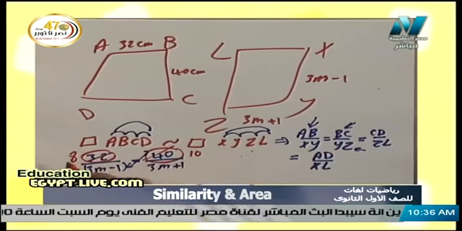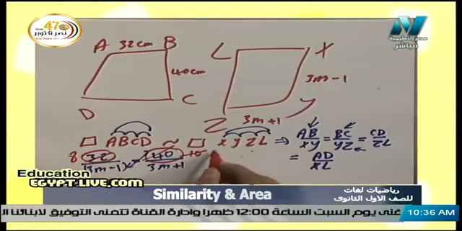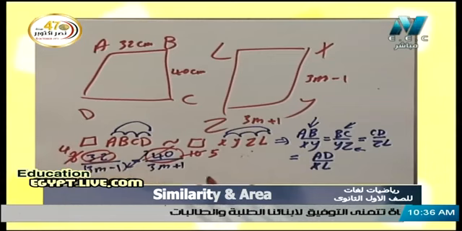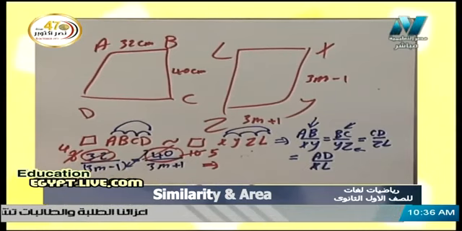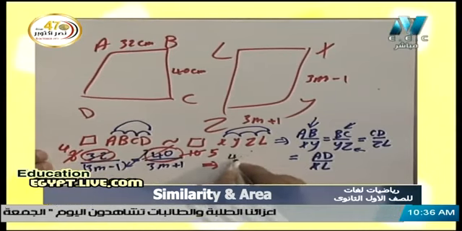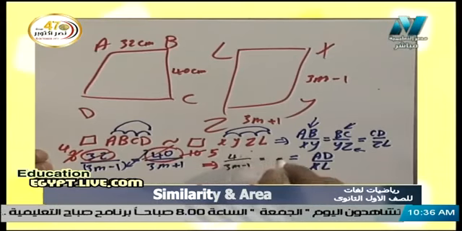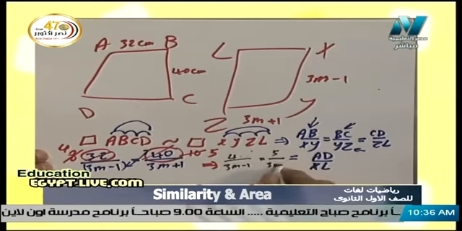Also 10 and 8 are divisible by 2, so 10 divided by 2 equals 5 and 8 divided by 2 equals 4. So the ratio in simplest form can be written as 4 over 3M minus 1 equals 5 over 3M plus 1.